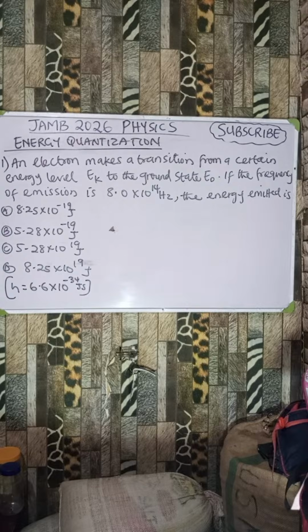I think this particular question is self-explanatory. It makes a transition from EK to the ground state, and it gave us the frequency. We are looking at the energy of the emitted photon.